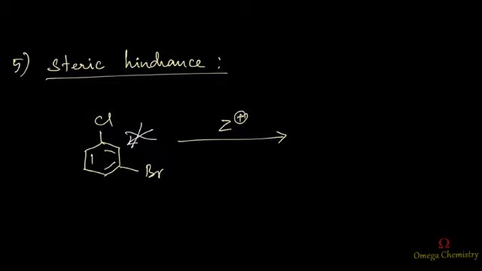They are meta to each other, but chlorine will have greater directing influence because it has greater lone pair electron effect, right? So the incoming group Z will be directed predominantly to the para position to this chlorine. So this will be the major product. Right. And the Z will get attached here. Thank you. Happy learning.